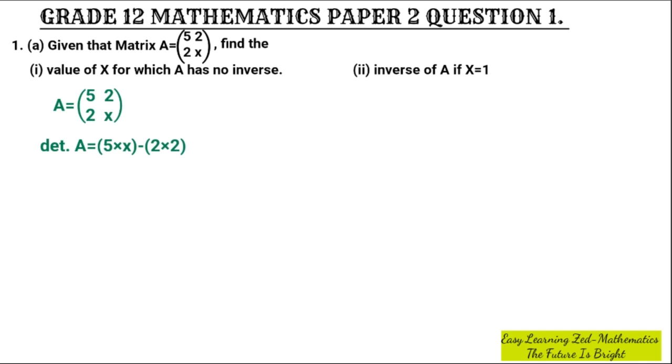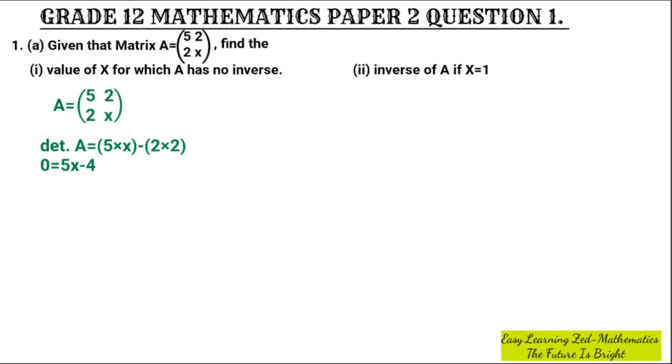Before we do anything, you need to understand that the determinant is 0. So where there is determinant A, we put 0. So 0 is equal to 5 multiplied by x, which gives 5x, then minus 2 multiplied by 2, which gives minus 4.